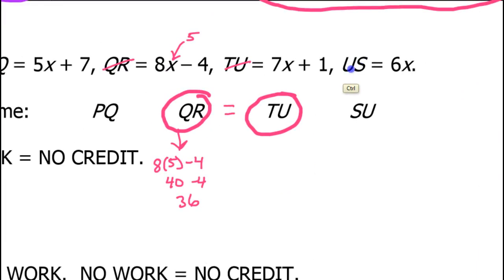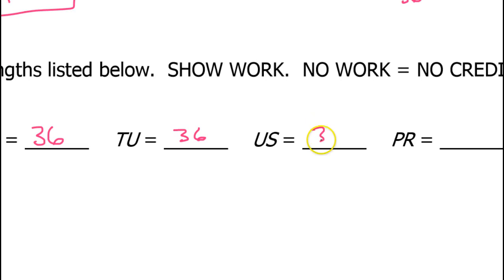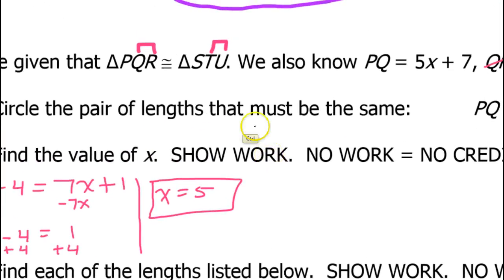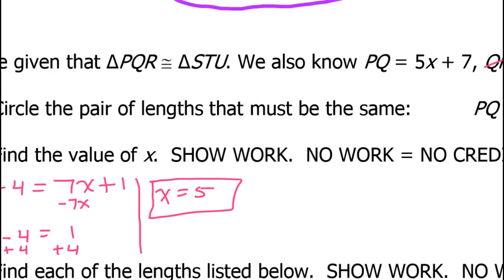US is 6x. So if x is 5, then this is going to be 30, 6 times 5. US and SU are the same thing. So SU, or US, is 30. Let's see if US is the same thing as any other value.